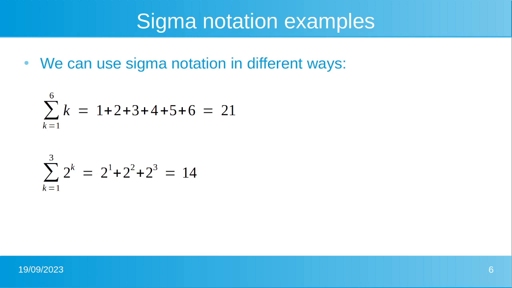So we're summing 2 to the power of 1 plus 2 to the power of 2 plus 2 to the power of 3, which is 2 plus 4 plus 8, which gives us 14. So we can see here that we can use sigma notation to write potentially quite a large sum of terms in a very compact way.